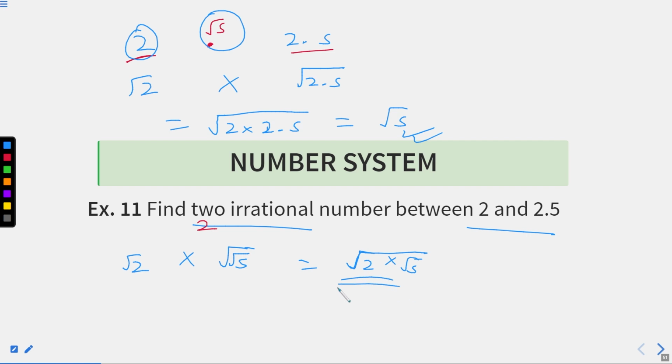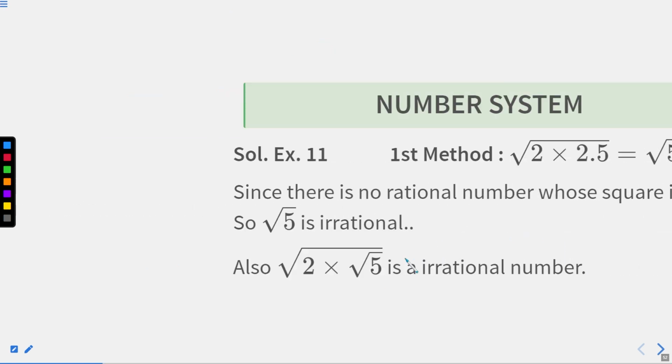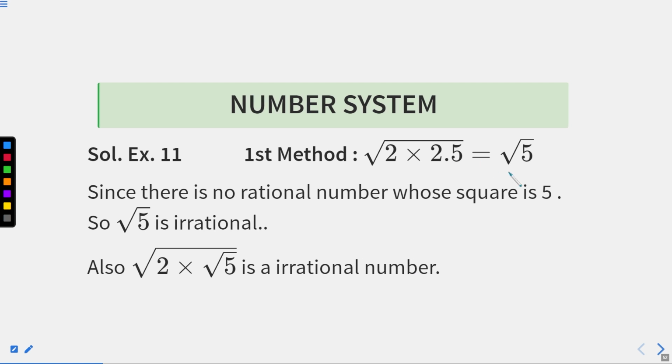Okay, so this is also our irrational number between 2 and root 5. Okay, quite simple.